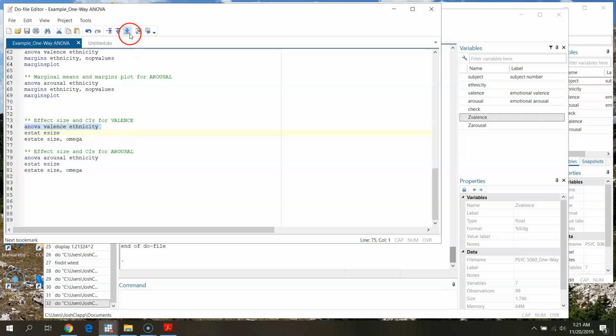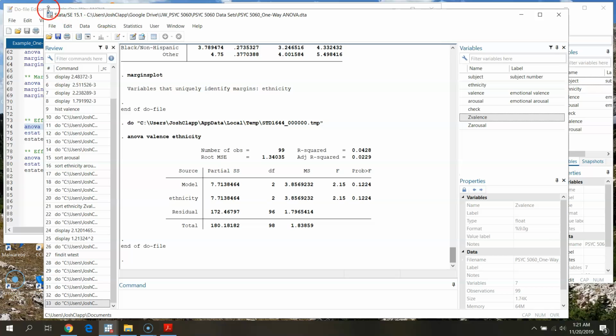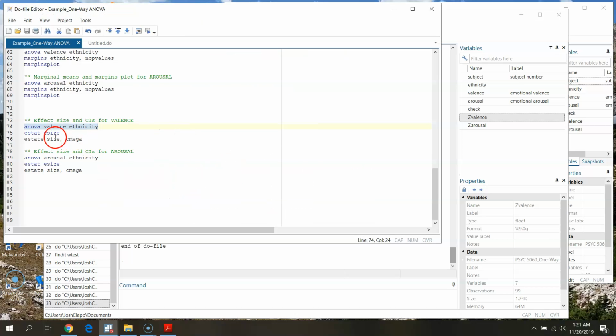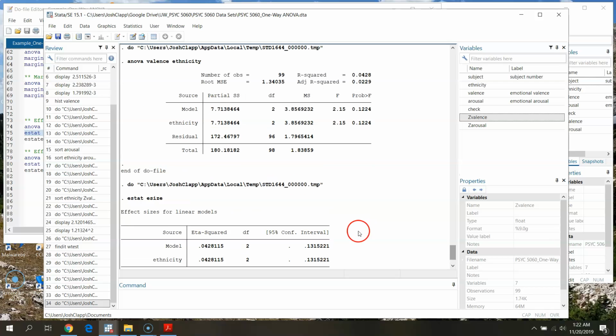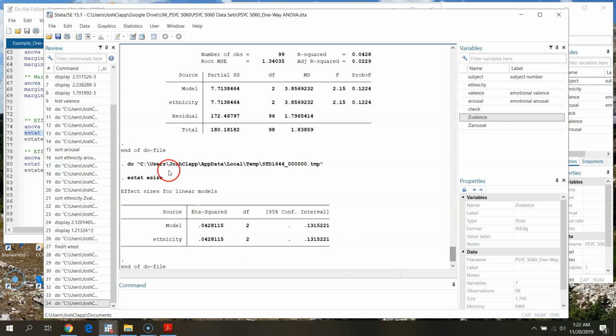So we're going to rerun our ANOVA for valence. Okay, then we rerun that, and so now those effects are loaded up, and so I can run just estat esize. After ANOVA, if I run estat esize, it's going to calculate my eta squared value.